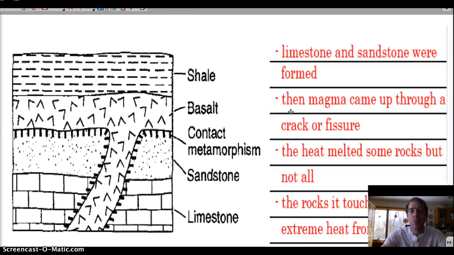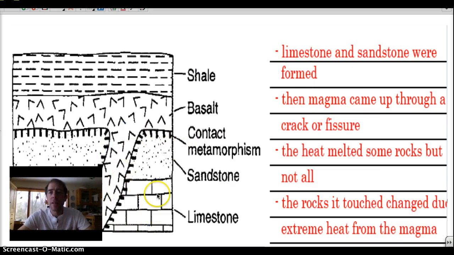So it flowed out onto the surface, had contact metamorphism with this sandstone, but the shale was not there yet. And we know that because there's no contact metamorphism. You can't have this basalt move into a layer, have contact metamorphism here, but no contact metamorphism here if this rock is there. This rock wasn't here when the basalt flowed out. So that's how we can know that.